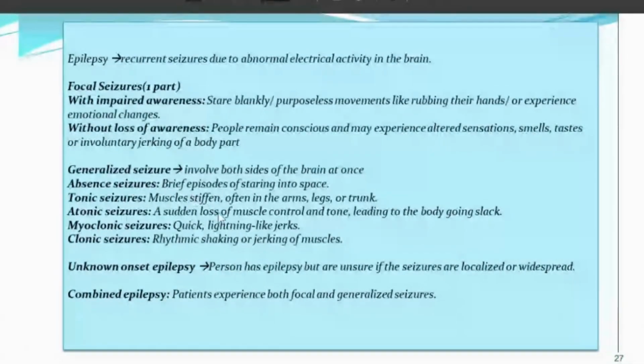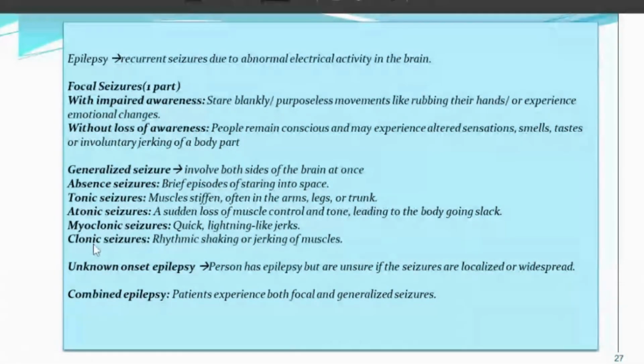Then atonic means they will lose muscle control, and this will happen suddenly. Like suppose they have a glass in their hand, suddenly they will lose control, their muscles will become so weak, गिर जाएगा वो glass नीचे गिर जाएगा, they will not have control over that. Myoclonic seizure means that there will be quick but light jerks.